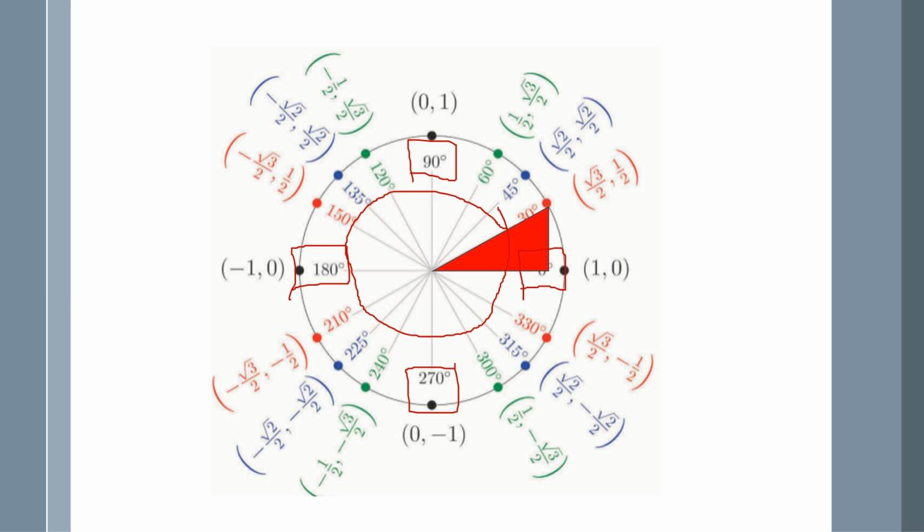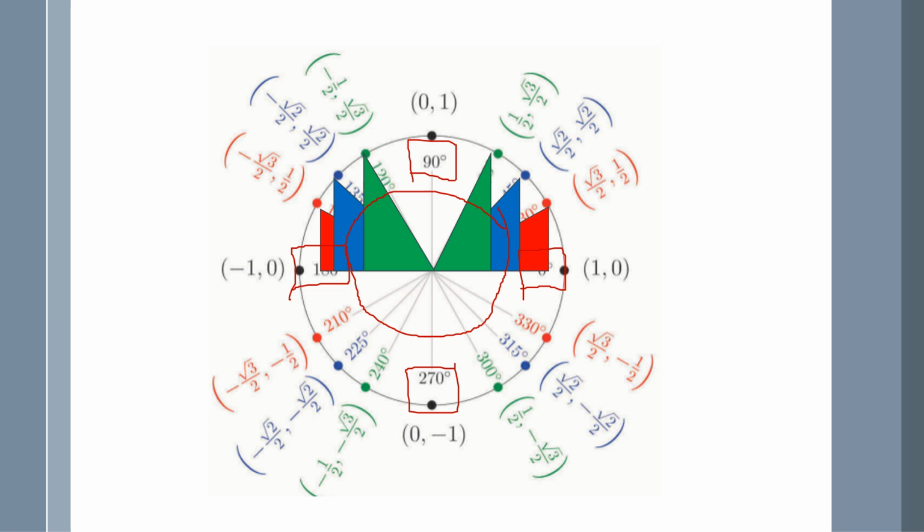So again, 30, 45, 60. And in quadrant 2, 150 was 30, 135 was 45, 120 was 60. All right.